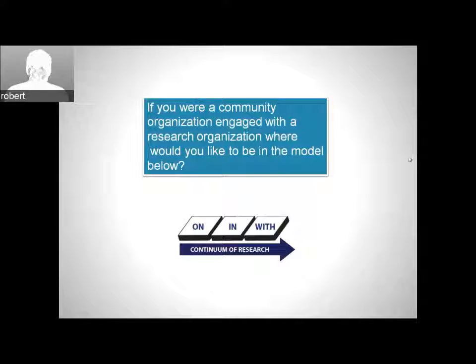So I guess the final statement I want to make here is, if you were a community organization engaged with a research organization, where would you like to be in the model below? Would you like to have research done on you? Would you like to have research in? Or would you like to be participating with the researchers?